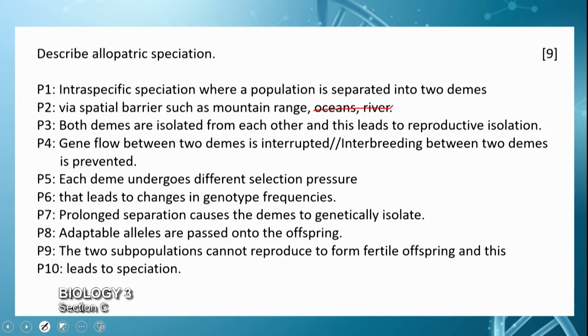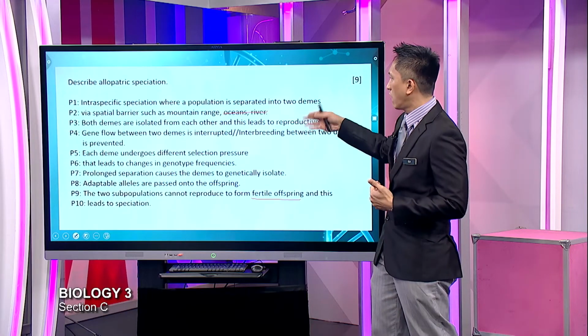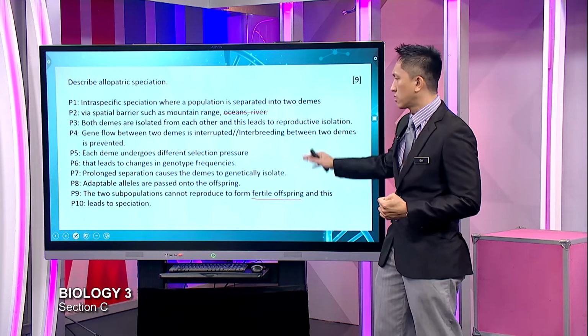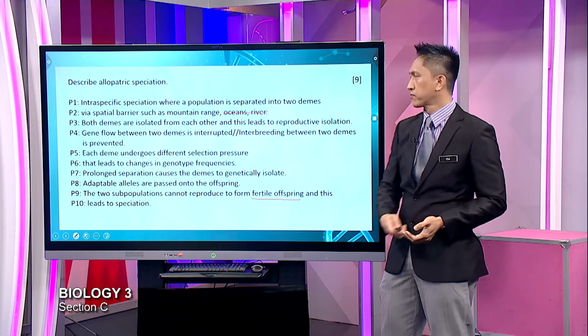Prolonged separation causes the demes to become genetically isolated. Adaptable alleles are passed on to the offspring, and then the 2 subpopulations can reproduce to form fertile offspring, and this leads to speciation. So students, you can see the flow, how the allopatric speciation occurs, right? How it's being written in such a way that it describes allopatric speciation.